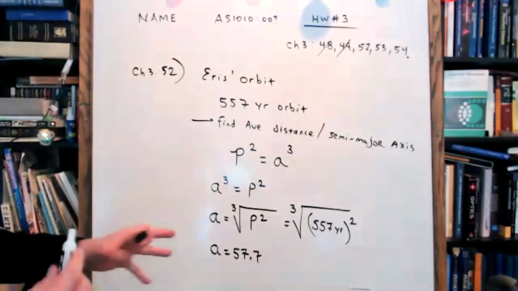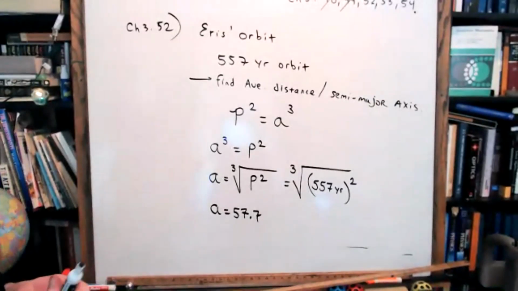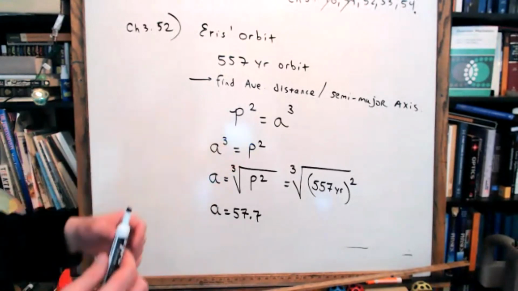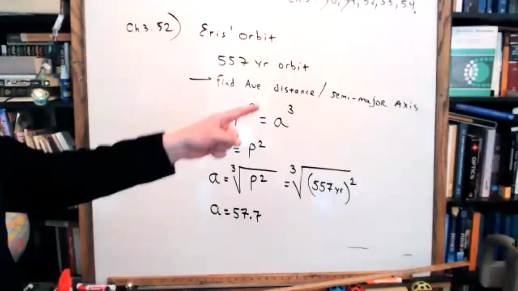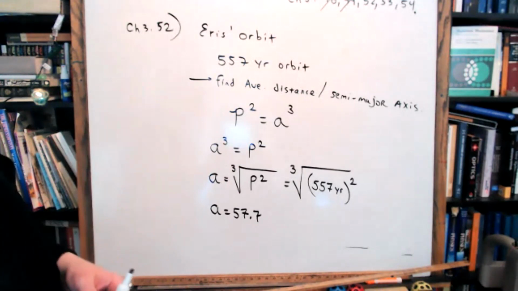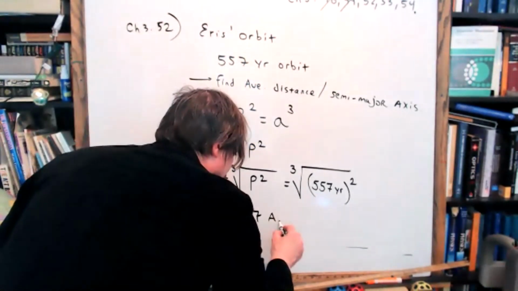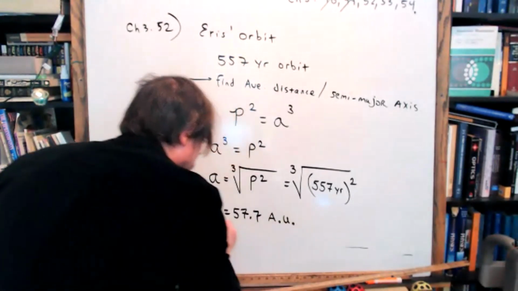This is kind of a magical formula, so you have to know what the units come out as. Would it be years? No, this is a distance. We can't measure distances in years. AU? That's right. This formula always pumps out the semi-major axis in AU.